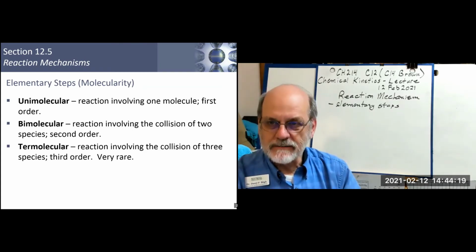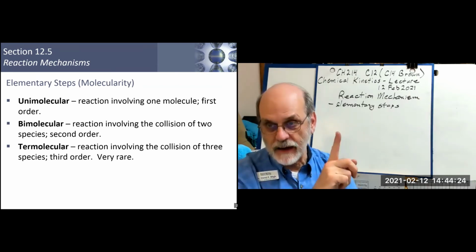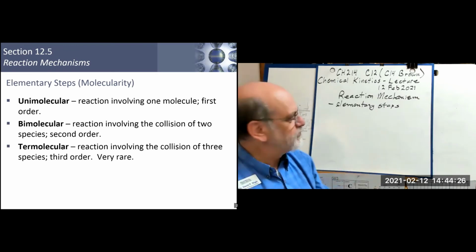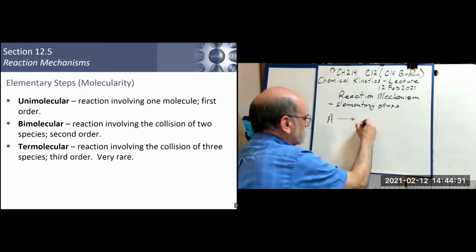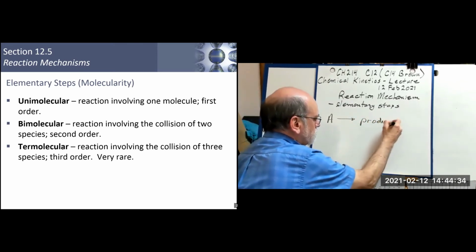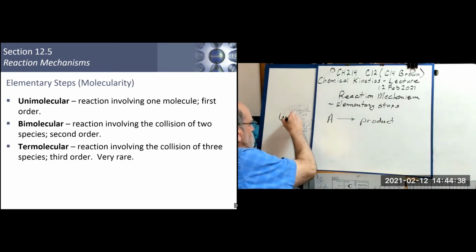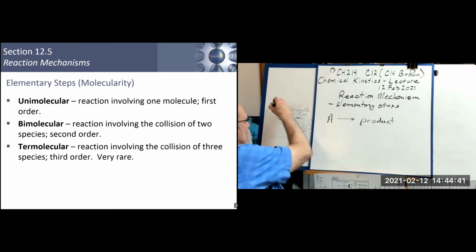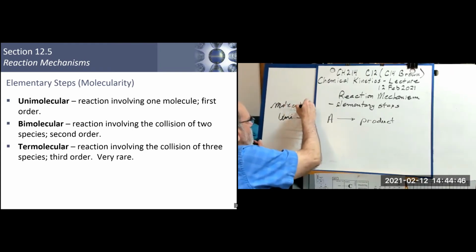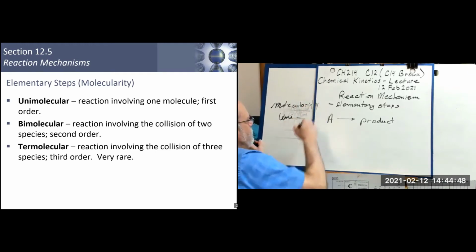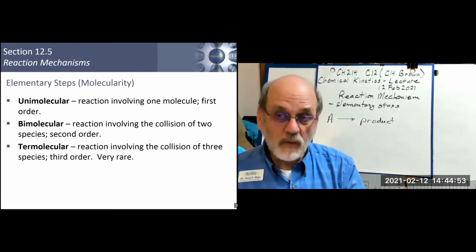The molecularity of a reaction in which there is only one reactant in that elementary step, like A becomes product, this is unimolecular. Molecularity. Okay. Unimolecular. It means there's only one reactant.